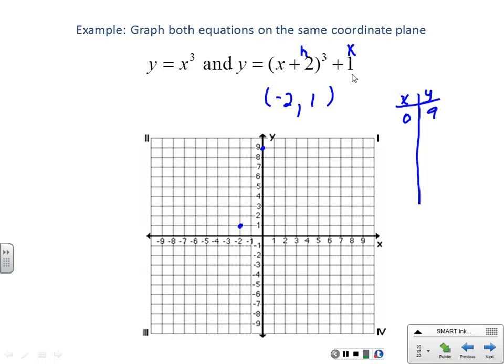So if I have an ordered pair 2 units to the right and up 9, I'm going to have one 2 units to the left and down 9. So it's going to be here. And remember what the S curve does. It comes in, goes through, kind of makes a parabola, and then cuts the other way. So there's your S curve.